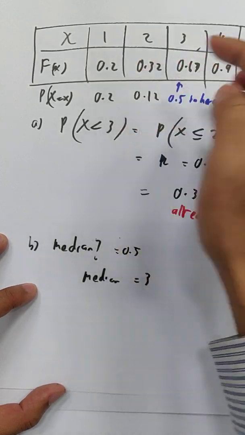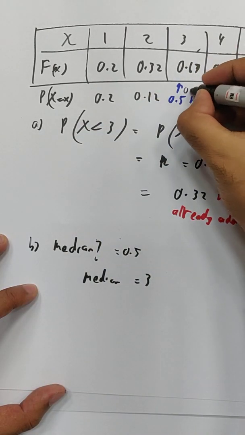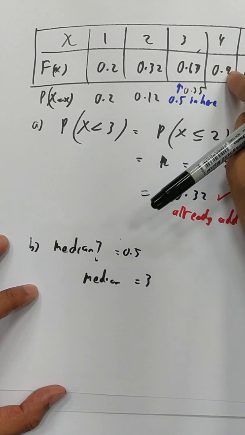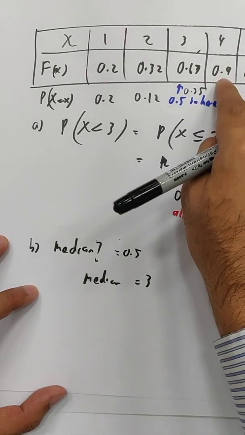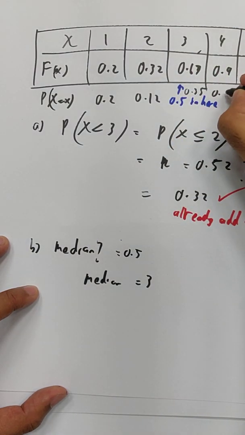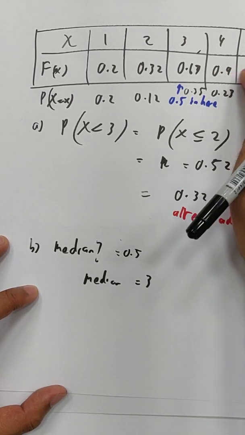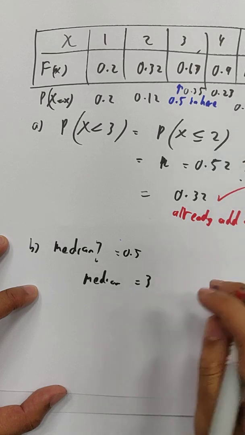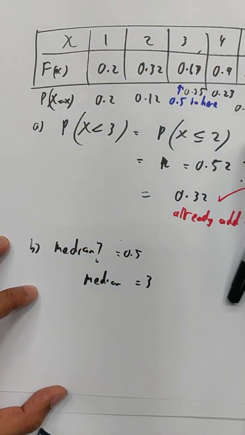Just minus everything before. 0.35. What about 4? 0.9 minus 0.67. 0.23. What about for you to get 5? Minus these two. 0.1. You just minus things back.